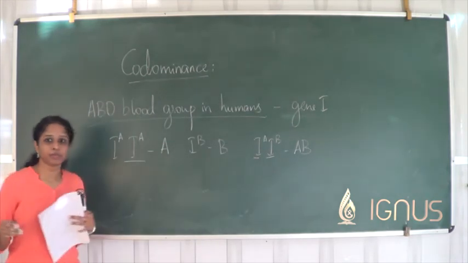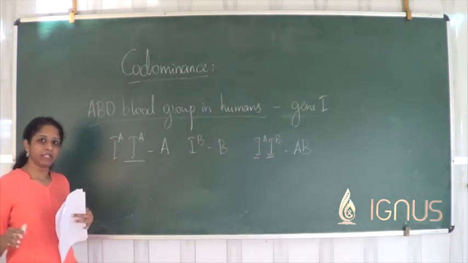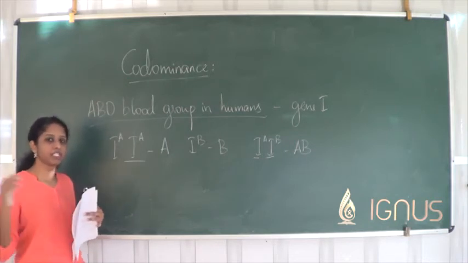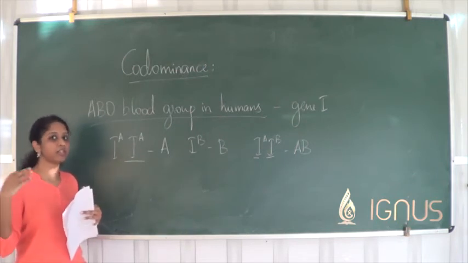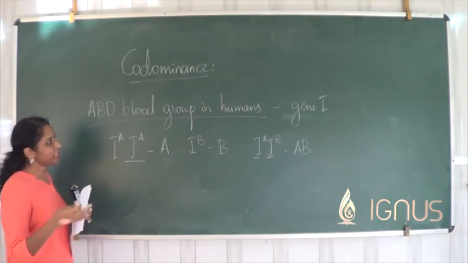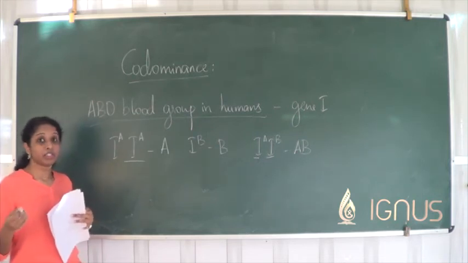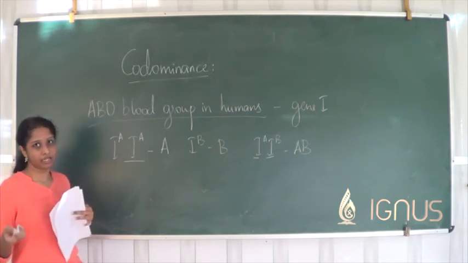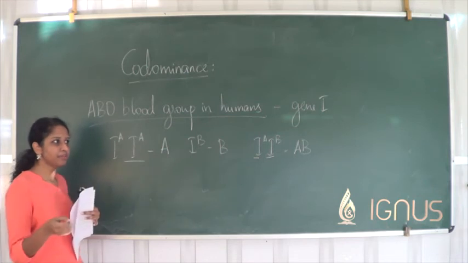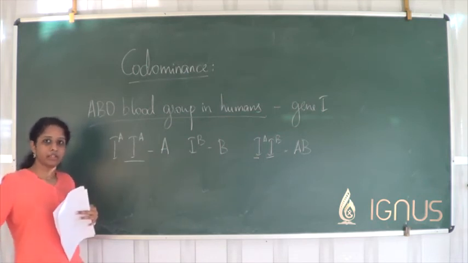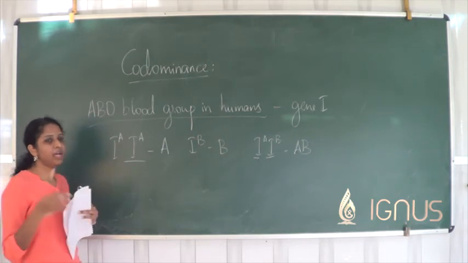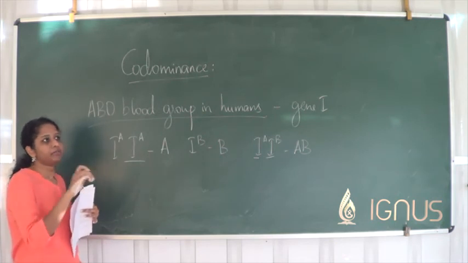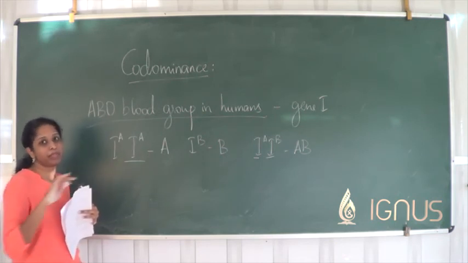So that is a major difference between codominance and incomplete dominance. In incomplete dominance there is a dominant gene and a recessive gene, just that the dominant gene is not getting expressed completely. But in codominance, you don't have a dominant or a recessive gene. Both genes act like dominant genes and get expressed at the same rate, so phenotypically both of them are present. In incomplete dominance, you will have an expression which is in between the dominant and the recessive.